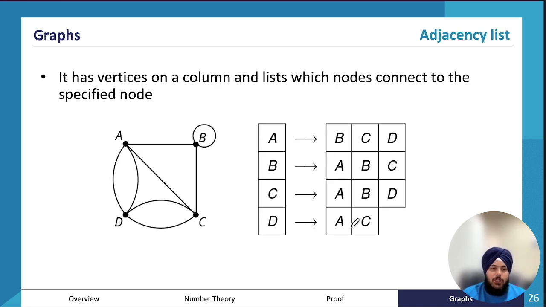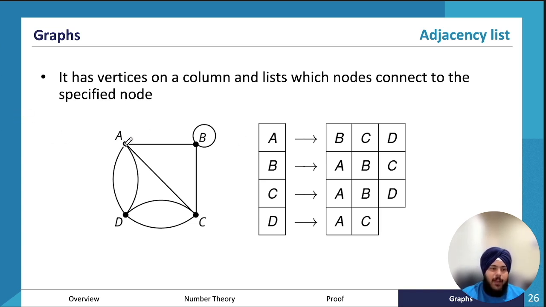Again, very similar to an adjacency matrix. It represents the connections between the different nodes. The way that we read this is, for example, A, there is an arrow going to B, C, and D. Basically, it shows that A has connections to B, C, and D. An adjacency matrix is actually a little bit more useful because it not only shows you that there is a connection, it also shows you how many connections.